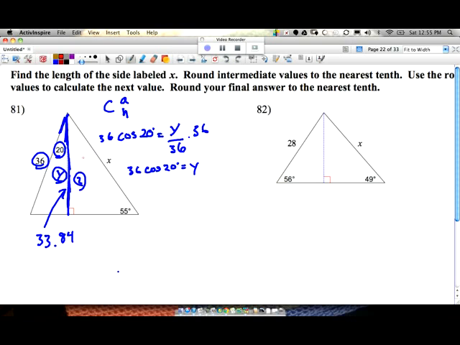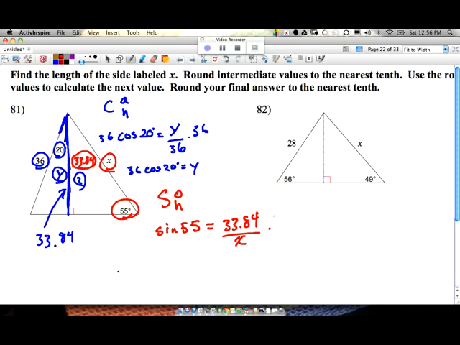So this is 33.84, and then we have this angle and this x. Now we can make an equation using the red pieces. The 33.84 this time is opposite, and the x is the hypotenuse, so that'd be sine. So we're going to have sine of 55 degrees is the opposite, which is 33.84 over x.